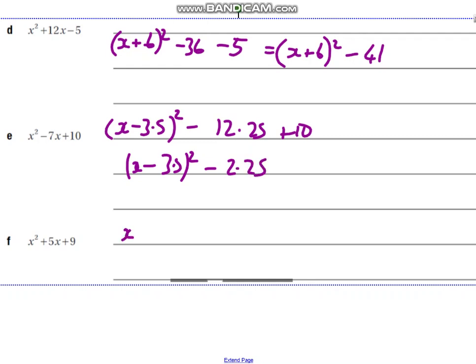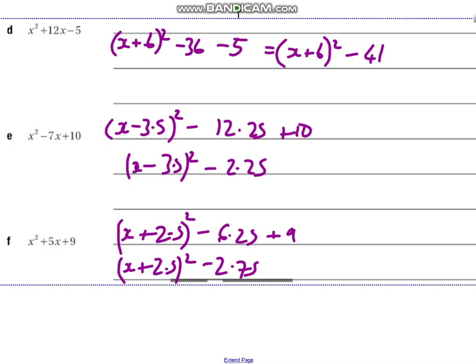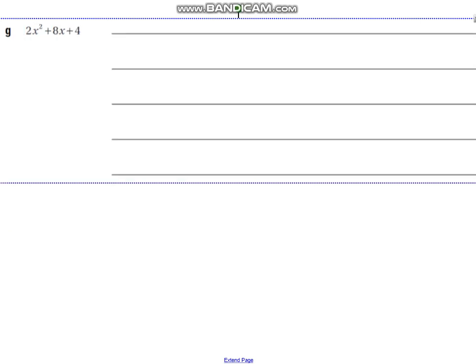This one, x plus half of 5 is 2.5 all squared, take away 2.5 squared is 6.25, plus 9, and so that's x plus 2.5 all squared, 9 take 6.25 is 2.75. Okay, on to the next page.